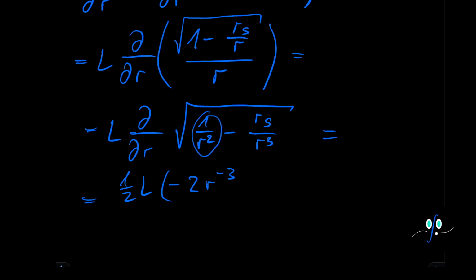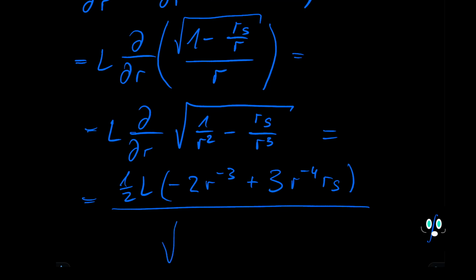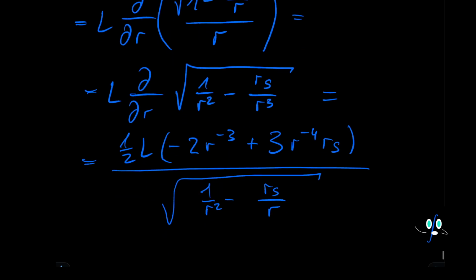So this is the first derivative here with the chain rule, plus, and then we have 3 r to the power of minus 4 times rs, and then the whole thing divided by the square root of 1 divided by r squared minus rs divided by r to the power of 3. And that whole thing should equal 0.